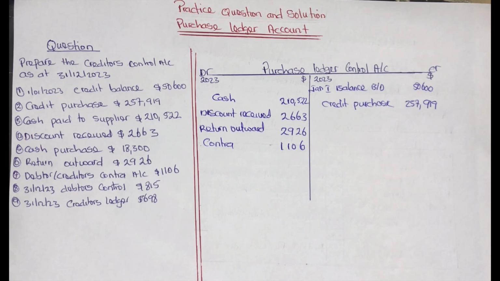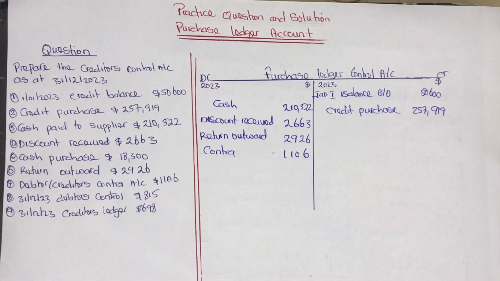The next one says 31st of December debtors control. You need to understand that a debit balance in the creditors account is an asset. It is supposed to be in the debtors ledger, so it has to be credited out of the creditors ledger and debited into the debtors ledger.